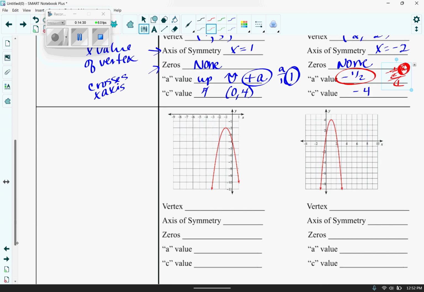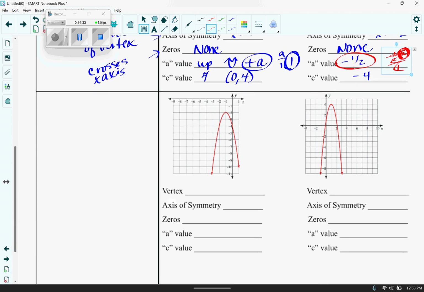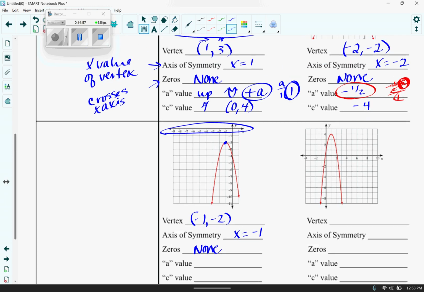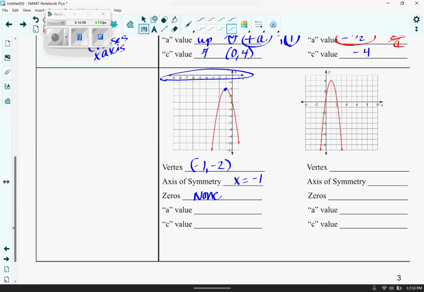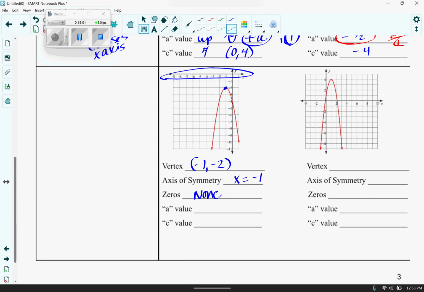Okay, if I scroll down just a little bit, I have the vertex. Well, the vertex looks like I'm at -1, -2. My axis of symmetry is x equals -1. My zeros, well, it doesn't ever touch the x-axis, so none. My A value, well, I don't really have my equations showing, so I don't know what my A value is. I have to actually calculate it.